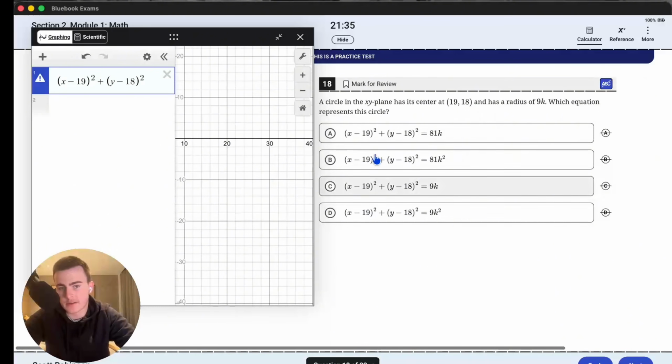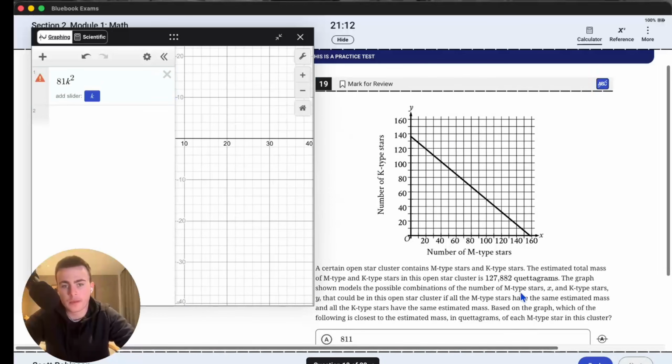This doesn't matter actually because they're all the same. So you're just looking at the radius. Now radius, the last number in the standard form is r squared. So if the radius is 9k, you have to do 9k squared. But you have to make sure to square both terms. It's not just 9 k squared. It's 9k squared in parentheses. So the squared applies to the 9, 81, and the k. So it would look like this. It would just be B.